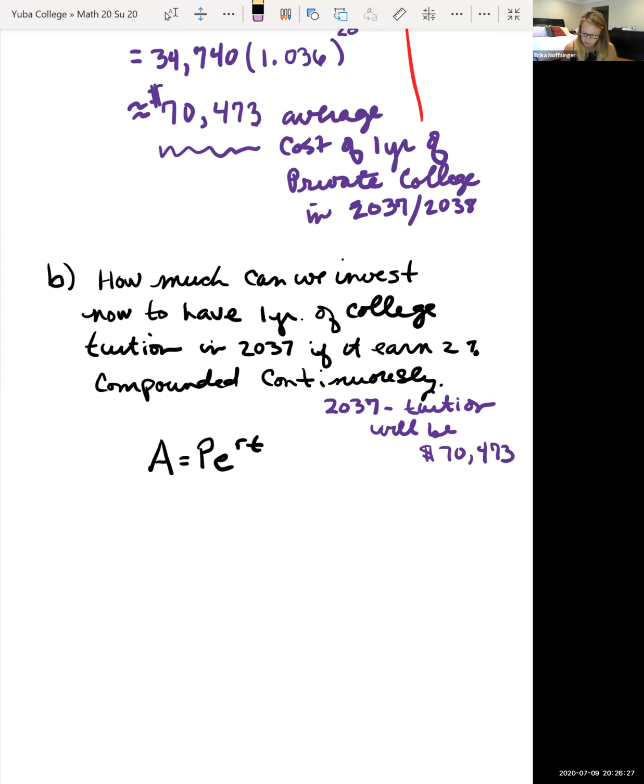So this is what we want our amount to be, $70,473. It is equal to, we're trying to find P, e, our interest rate, well, we're given that that's going to be earning 2%. So 2% is 0.02. And the time.